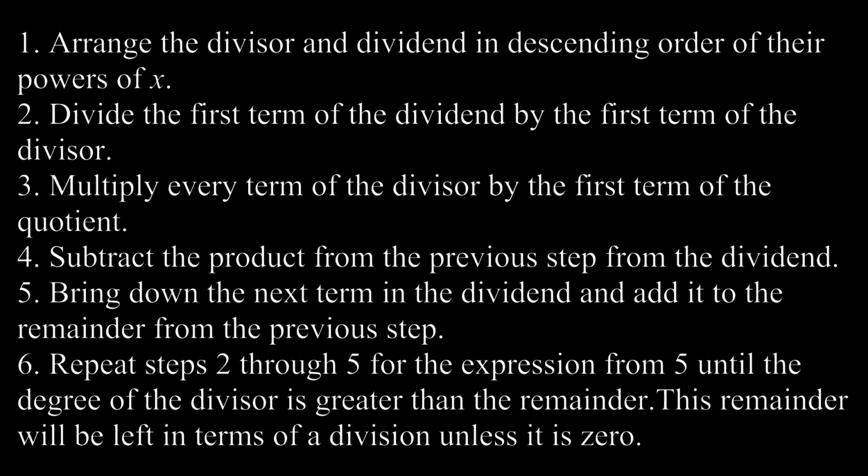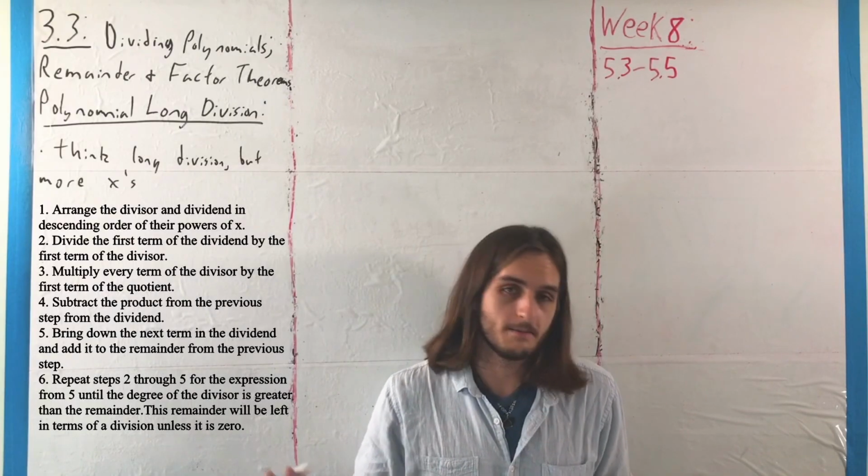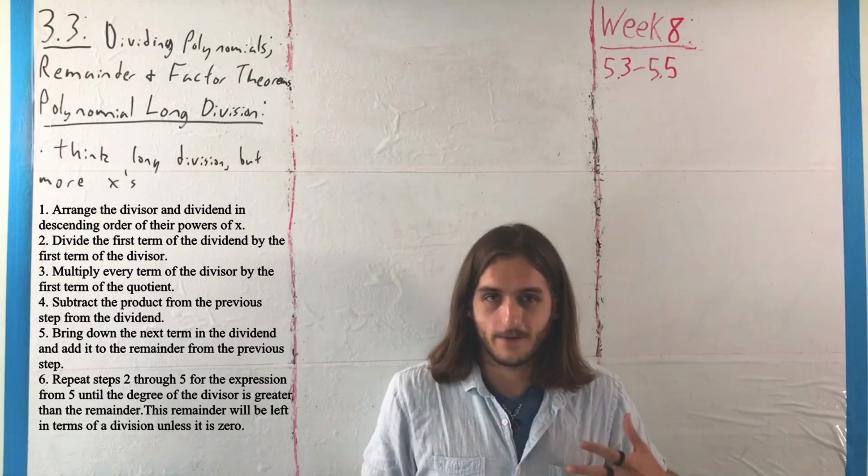We divide the first term of the dividend by the first term of the divisor, which gives the first term of the quotient. Multiply every term of the divisor by the first term of the quotient. Subtract that product. Bring down the next term of the dividend. Add it to the remainder from the previous step. And repeat these steps until we are either left with something of smaller degree than the divisor or 0. If we get 0, that means we actually just have a factor.